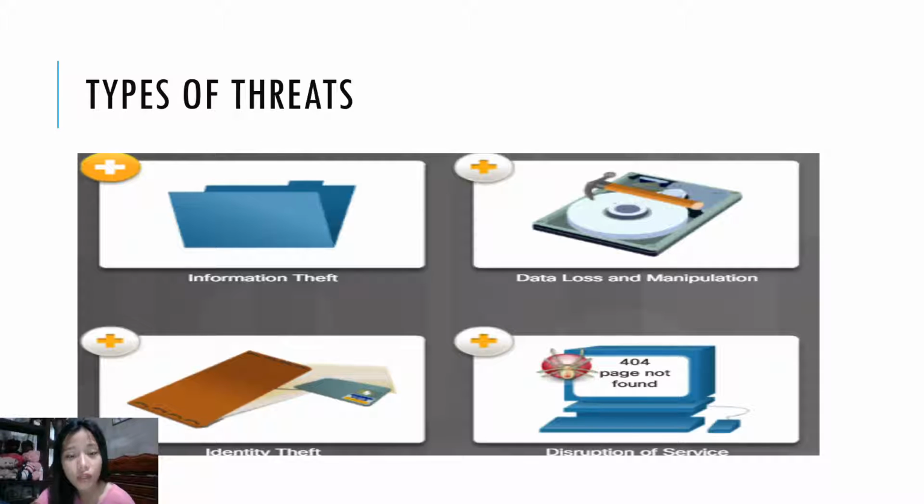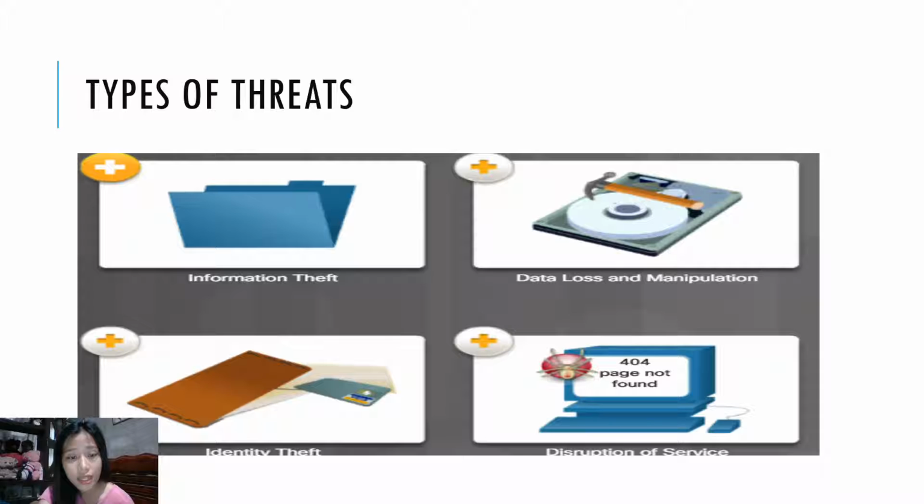Data loss is breaking into a computer to destroy or alter data records. An example of data loss is sending a virus that reformats a computer's hardware. Data manipulation is breaking into a record system to change information, such as the price of an item.